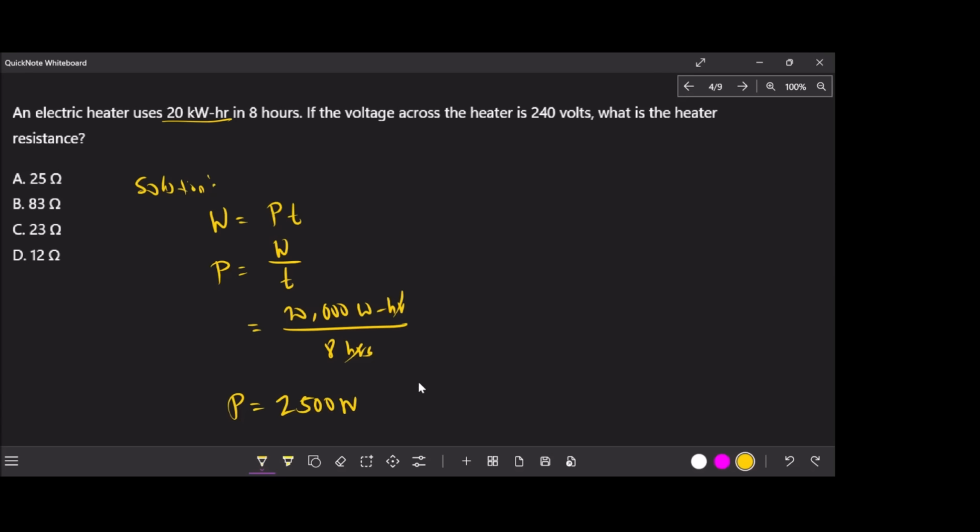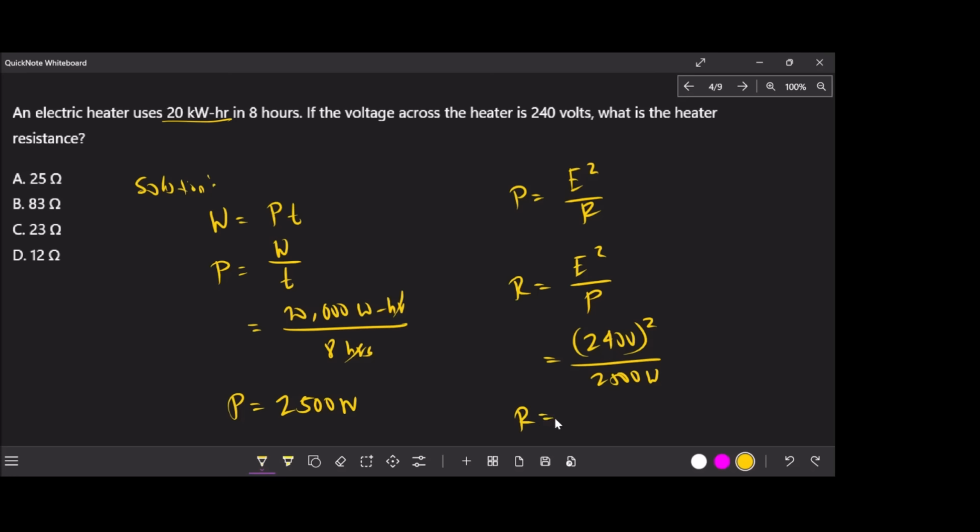So we have 2,500 watts, and we know that power is equal to E squared over R. So gagamitin natin ito na formula kasi yung given natin is yung voltage at nasolve na natin yung power. So solving for the resistance R, cross multiplying lang, R is equals to E squared over P. Substituting, so we have 240 volts, square natin to, divided by 2,500 watts.